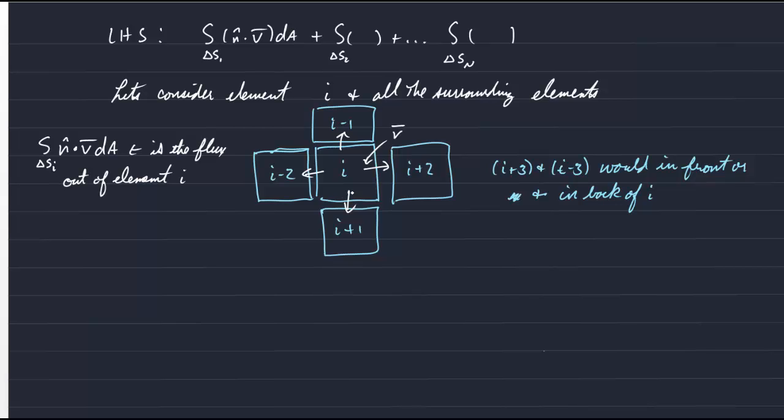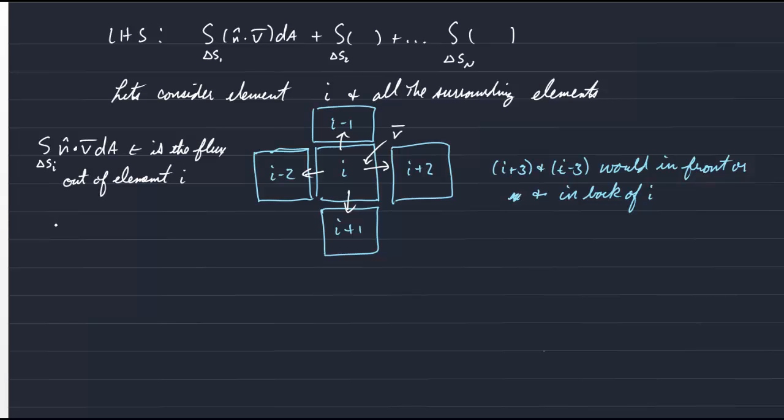But you'll notice that any material that flows out of I to the right flows into the adjacent element to the right. Any material that flows out of I flows into the element on top of it, and so forth.